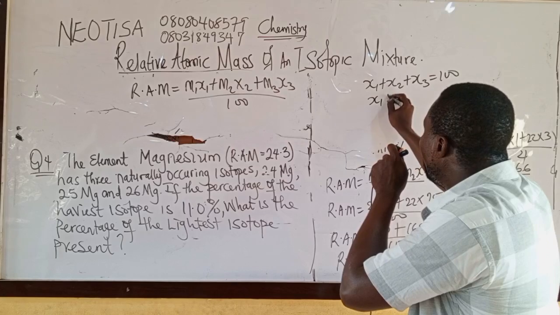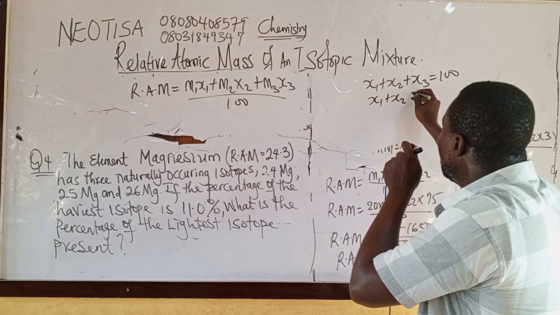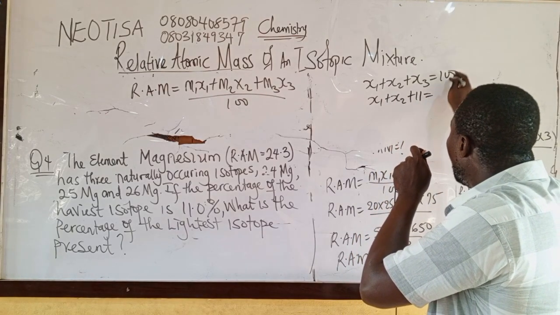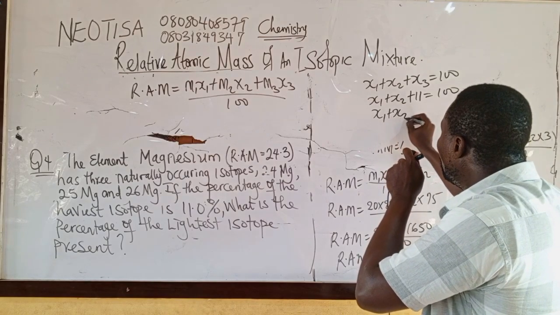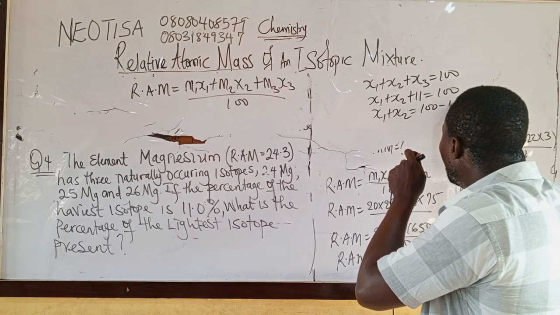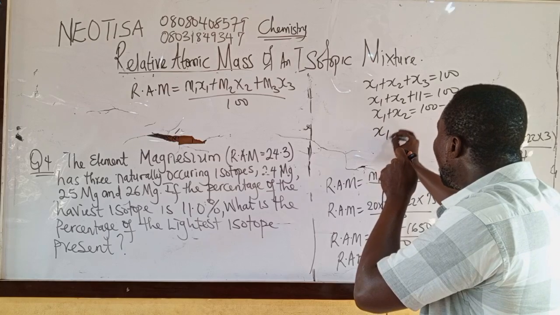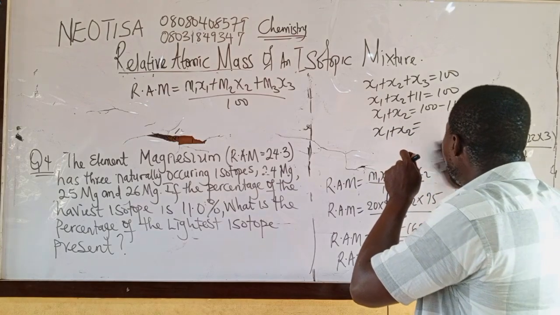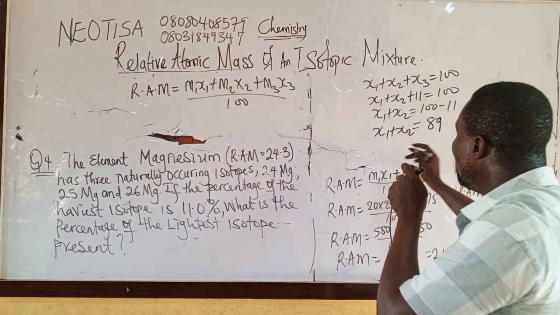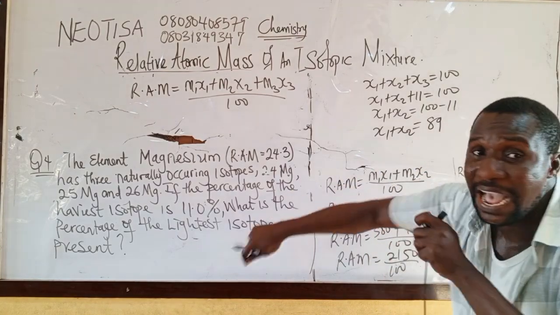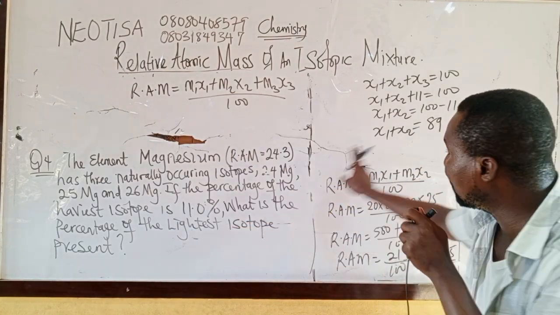That means x1 plus x2 plus 11 equals 100. Therefore, x1 plus x2 equals 100 minus 11, which is 89.